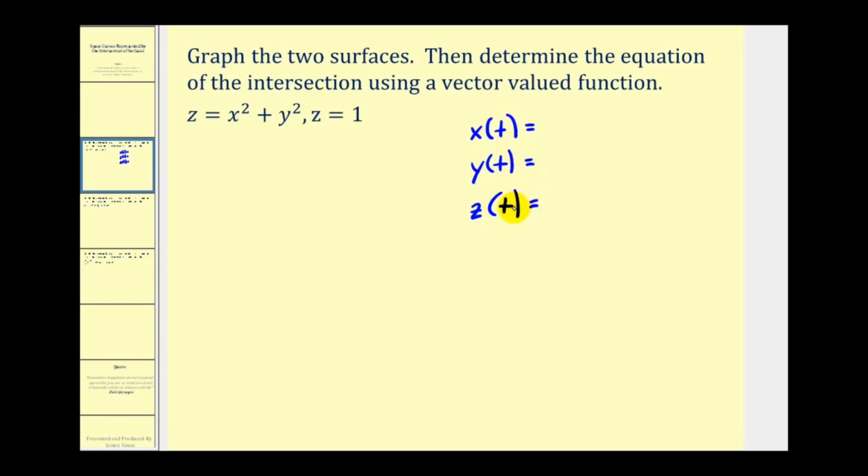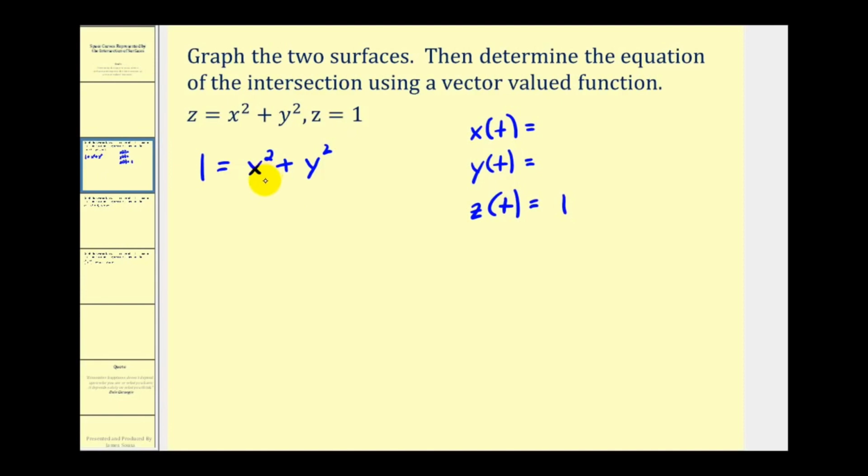We want these three equations to satisfy both of these equations. Well, right away we know that z has to equal 1 based upon this second equation. So now we know that z of t must be 1, and we can use this to perform substitution into the first equation. Replacing z with 1, we would have 1 equals x squared plus y squared.